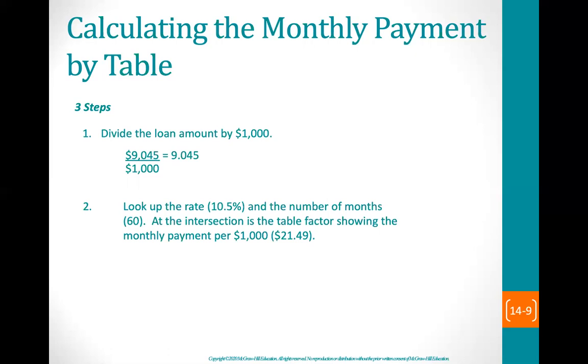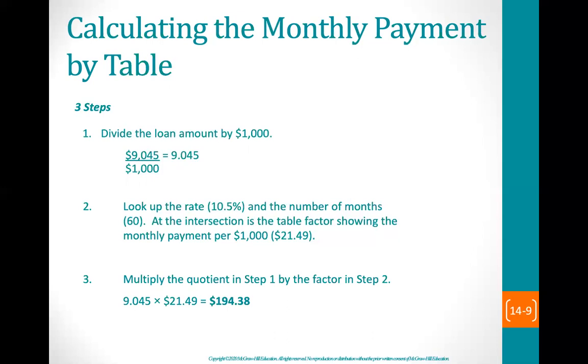At the intersection is the table factor showing the monthly payment per 1,000, which is $21.49. Multiply step 1 times step 2. So 9.045 times 21.49 equals our $194.38 payment. In this example, we're using table 14.2.